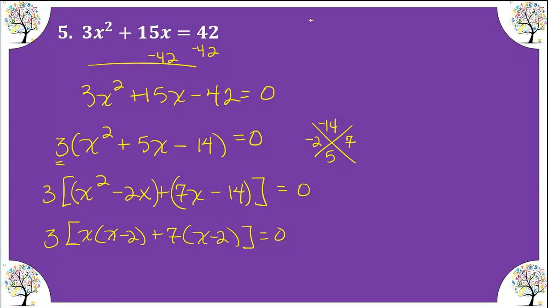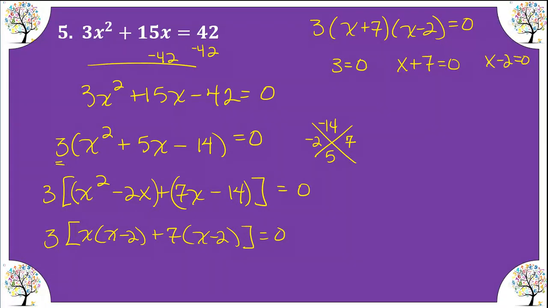So our three factors are 3, x plus 7, and x minus 2 equals 0. So now we have 3 factors to set equal to 0. And we solve. Well, 3 equals 0 is false, so this is not going to give us any information.